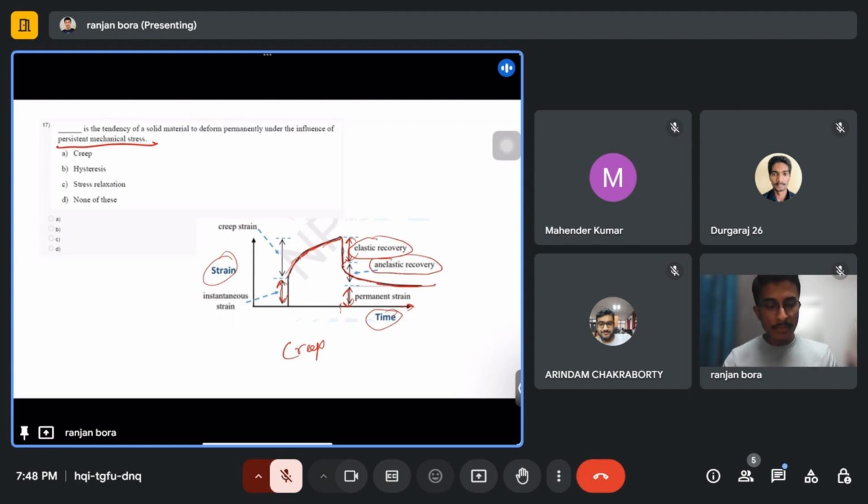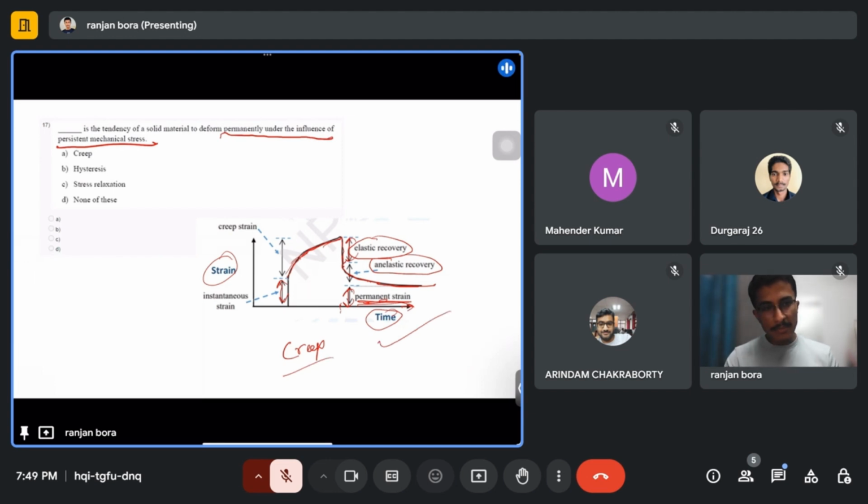There is some permanent deformation in the material. You can see this permanent strain, and the question is talking about deforming permanently under the influence of persistent mechanical stress.